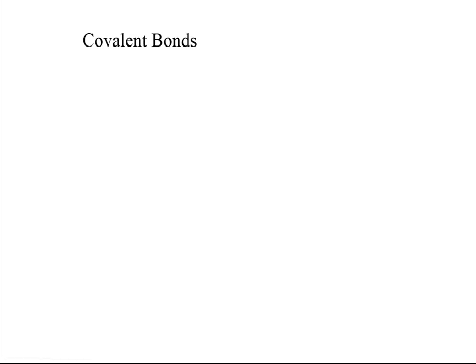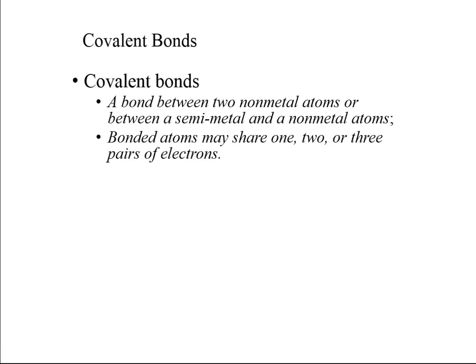Now, what are covalent bonds? Covalent bonds are formed between two nonmetals. So a bond between two nonmetal atoms, or between a semimetal and a nonmetal.